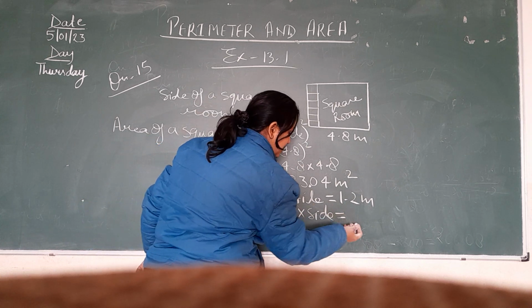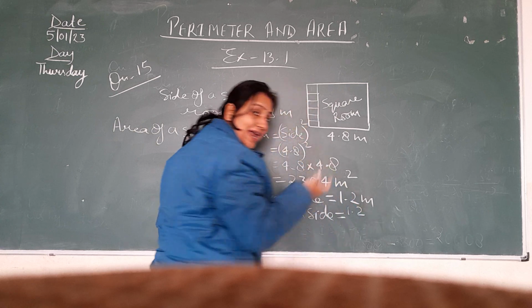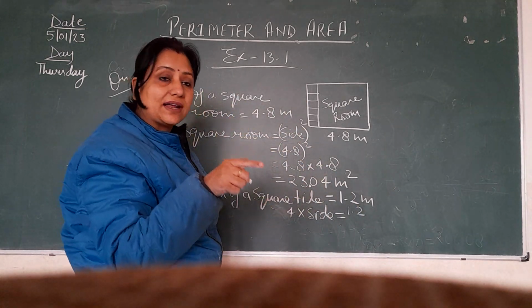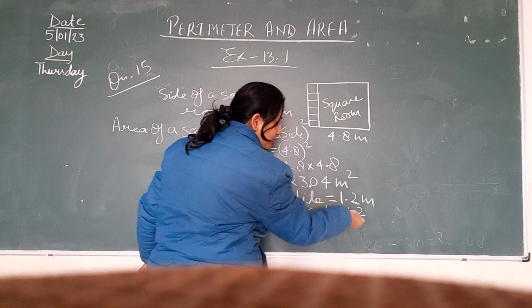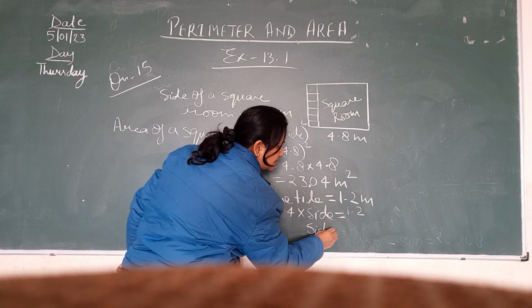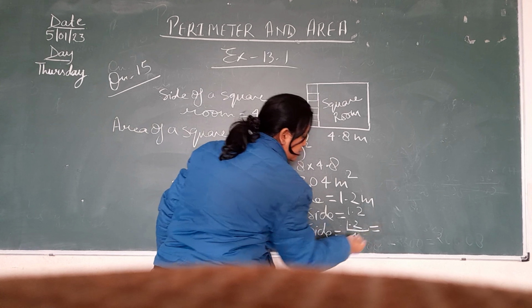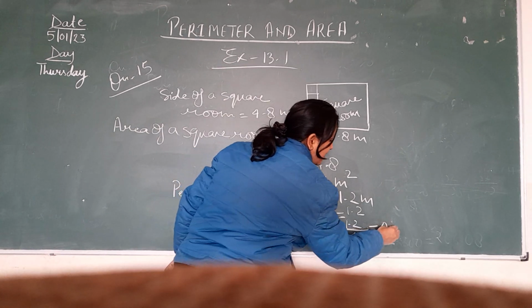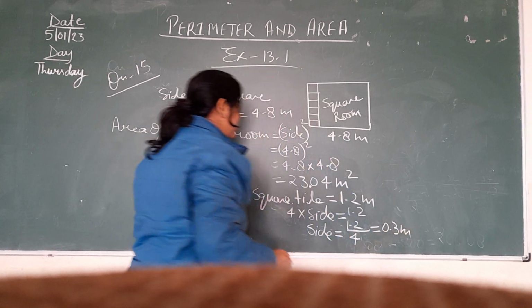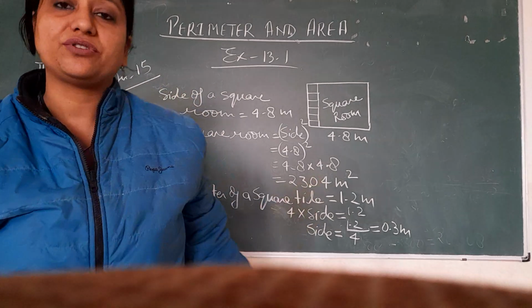So by using this we'll find the side of this square tile. So side is equal to 1.2 upon 4, which is equal to 0.3 meter. So the side of the square tile is 0.3 meter.